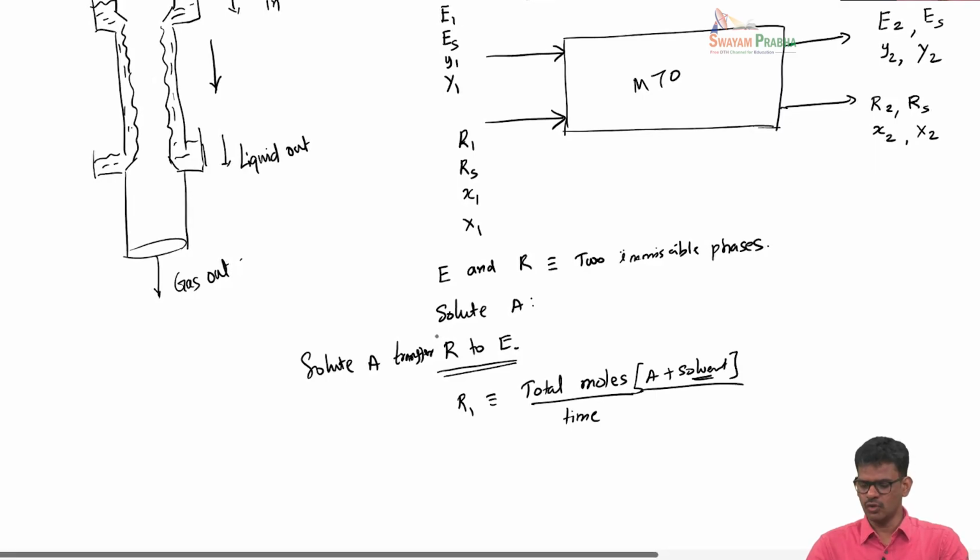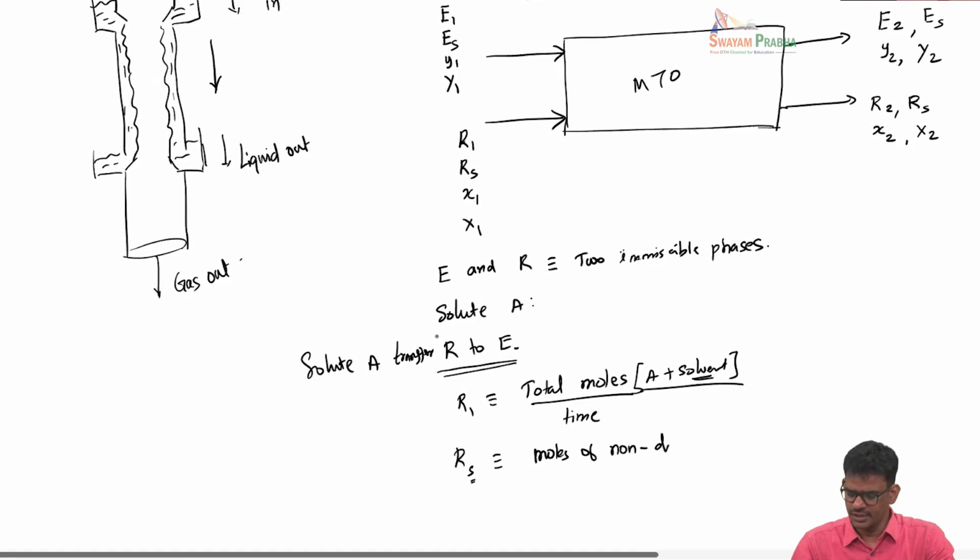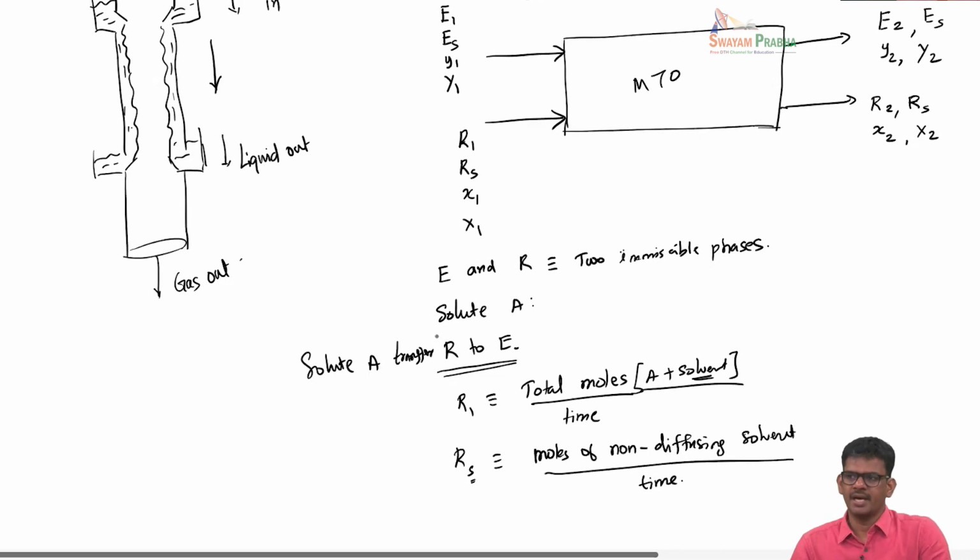And RS, this S denotes a solvent-like behavior, which is non-diffusing. So this is the moles of non-diffusing solvent per unit time. These two are molar flow rates, R1 and RS.